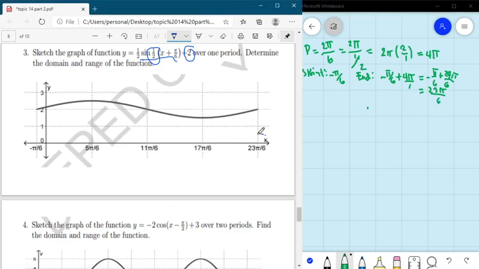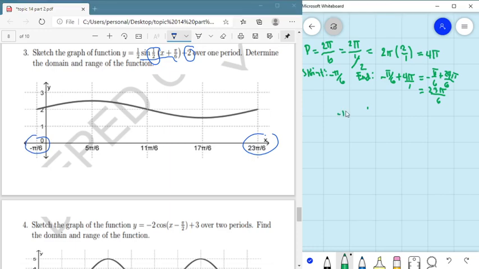So 23 pi over 6 is your ending, and you start at negative pi over 6. Okay? So the critical points are: you start at negative pi over 6 and end at 23 pi over 6. Those are the values of x.